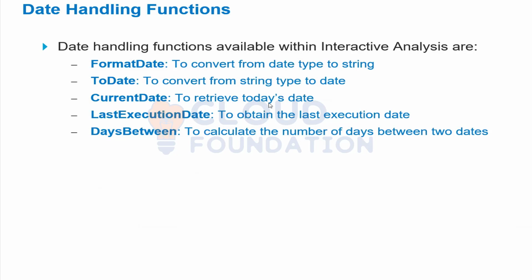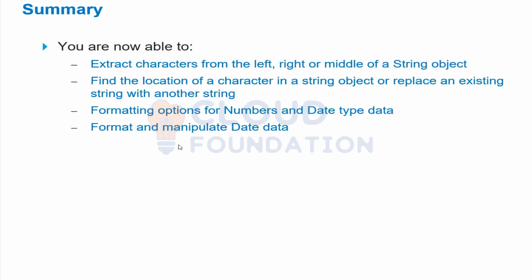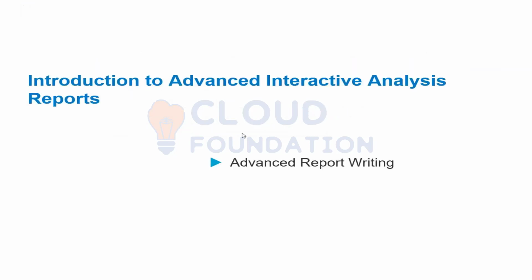Current date will retrieve today's date. Last execution date is to obtain the last execution date. Days between is useful to calculate the number of days between two dates. So days between start date, comma, end date will give how many days are in between those dates. So it is about how we can extract and the formatting options available.